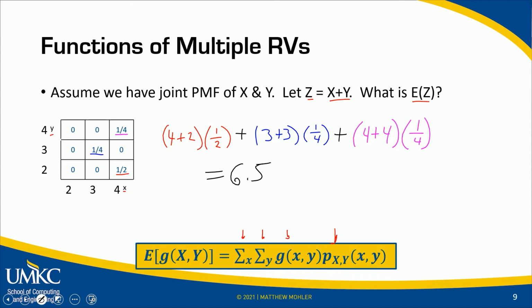And you can also express that in terms of fourths or halves or whatever you'd like, but ultimately this is 3, this is 1.5, and this is 2. And so when you add all those together, you get 6.5, and so you can say that the expected value of this function z, which is a function of x and y, is equal to 6.5. Now another way to say that is that the expected value of the sum of x and y is equal to 6.5.